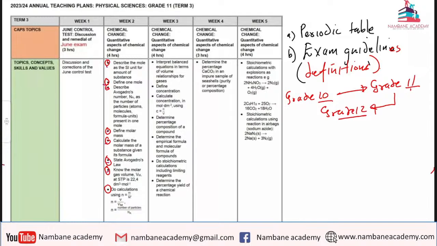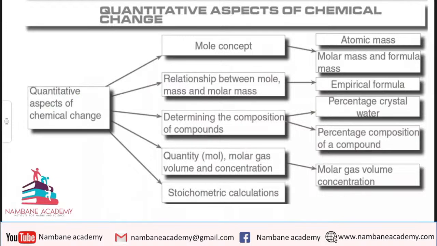So let's get into the basic concept. Let's not waste time on this particular mind map, because it is explaining how we are going to go about calculations and everything.